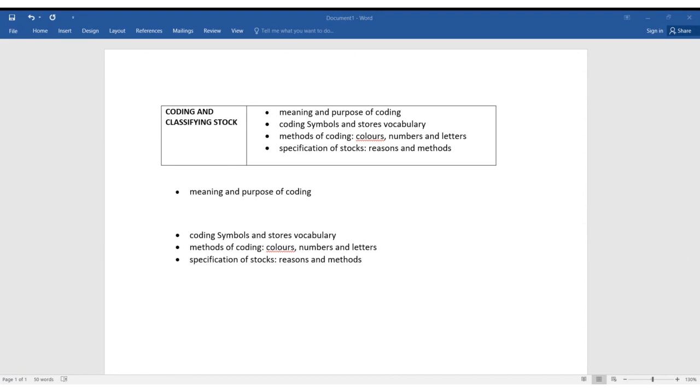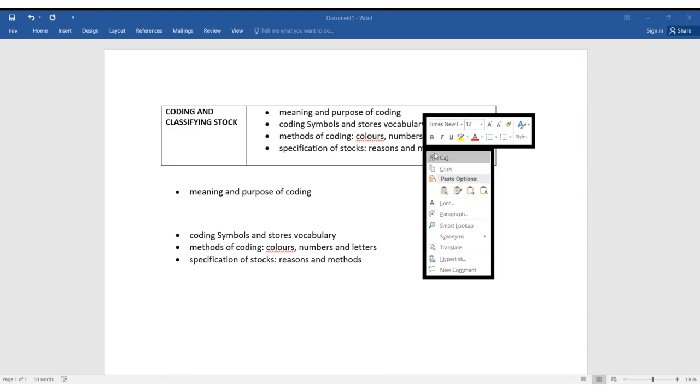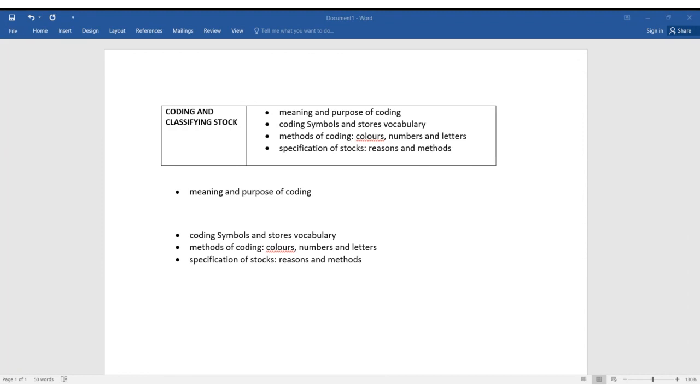There are symbols that are designed either as numerical, alphabetical, or alphanumerical, that is a combination of numbers and alphabets. So that should give us the specific codes that we can use to identify materials in a store.